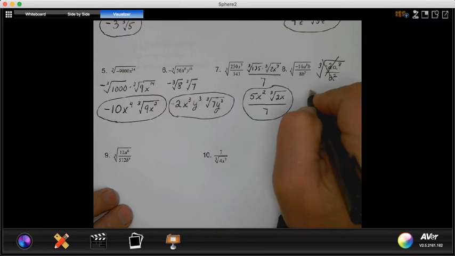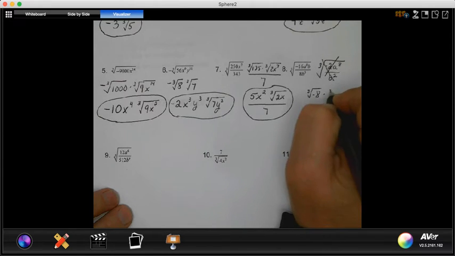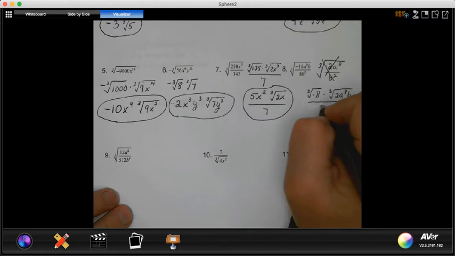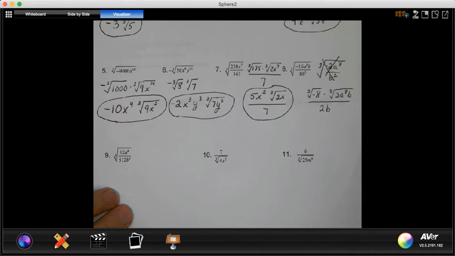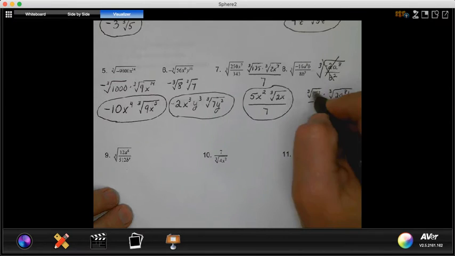So we'll break apart the numerator as the cube root of negative 8 times the cube root of 2a to the 8th b. And then in the denominator, cube root of 8 is 2, and the cube root of b cubed is b. So maybe that's a little bit more simple. Then I can cancel this, right? The cube root of negative 8 is negative 2, so the 2's cancel.